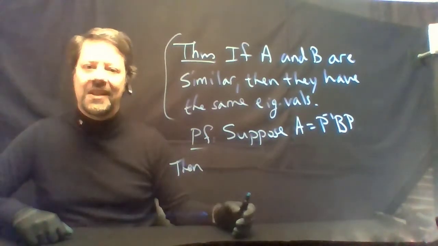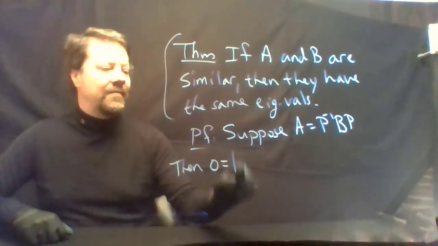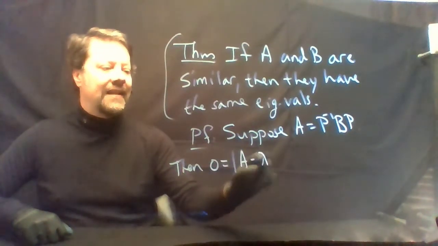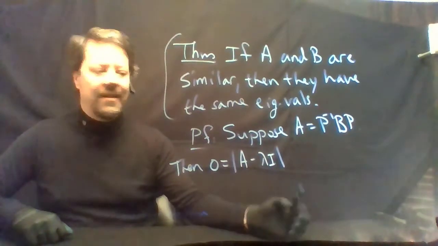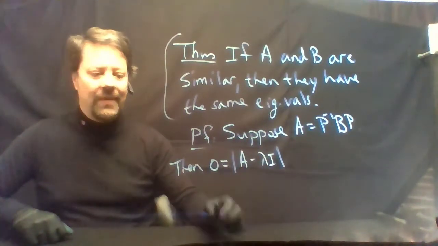Let's look at the characteristic equation of A. We'll have the determinant of A minus lambda I equal to 0. The eigenvalues will solve this equation.